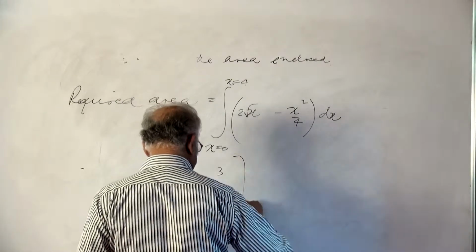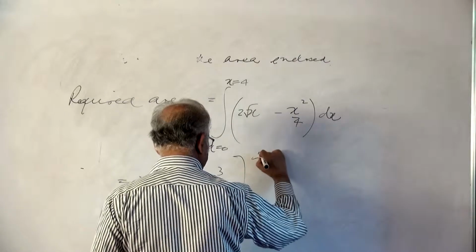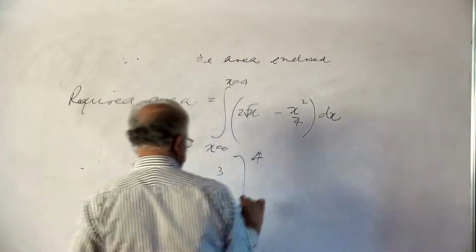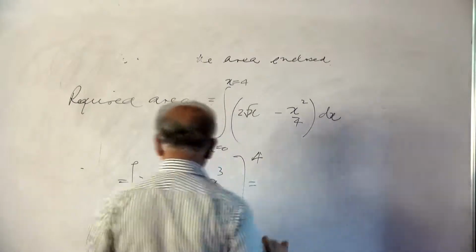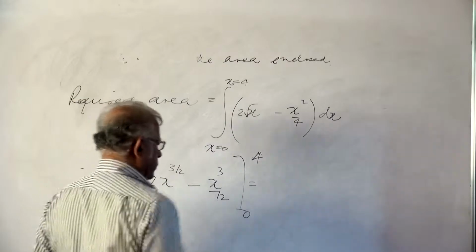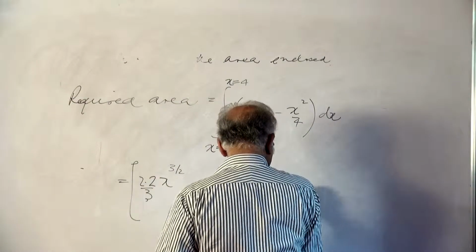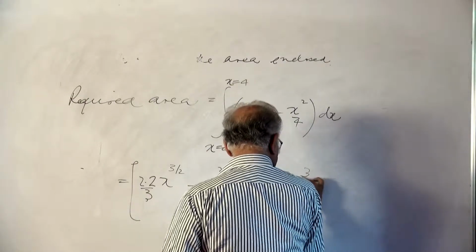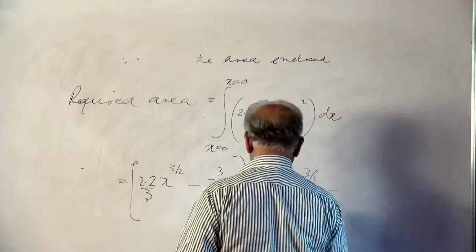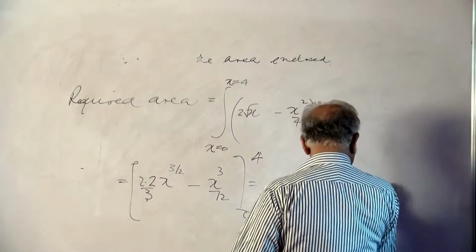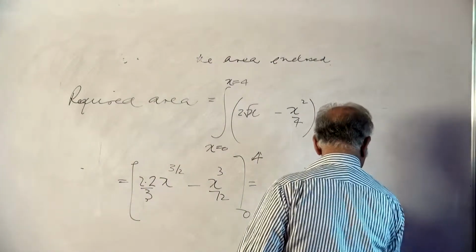The limits being 0 and 4. This is now the first limit is 4 by 3, 4 to the power of 3 by 2, minus 4 cube by 12. So 64 by 12.